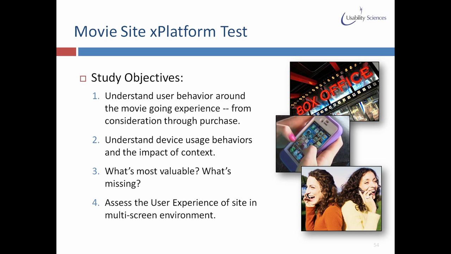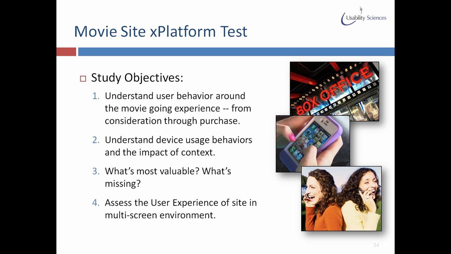And our client had some very specific objectives. We really wanted to understand the user behavior around the entire movie-going experience. So that's everything from considering what movie users might want to go see, to actually looking for those showtimes and then completing the purchase and buying the tickets before going to the theater.